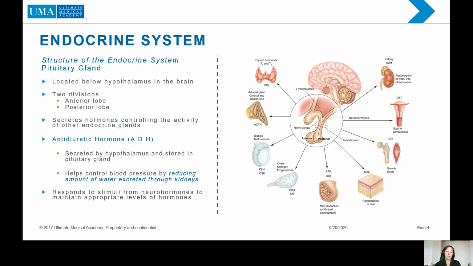So again, your ADH hormone is going to help control blood pressure because it's reducing the amount of water which is excreted through the kidneys. It also responds to stimuli from neurohormones to maintain appropriate levels of hormones.